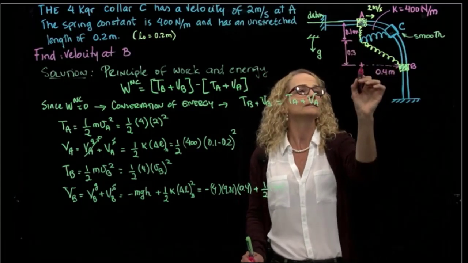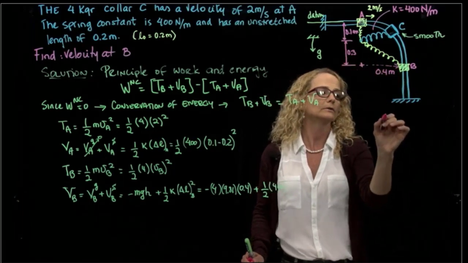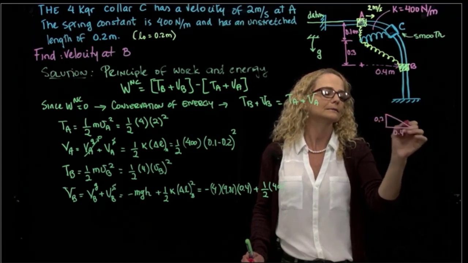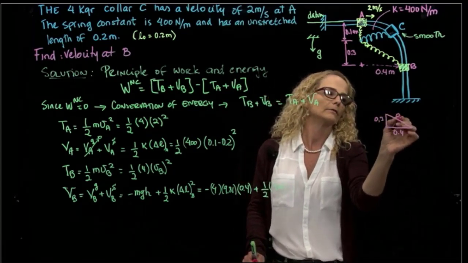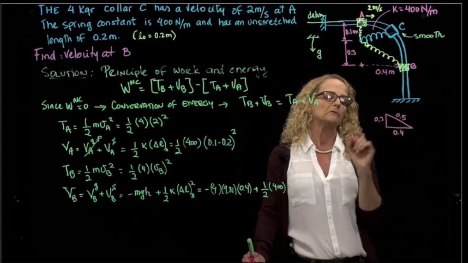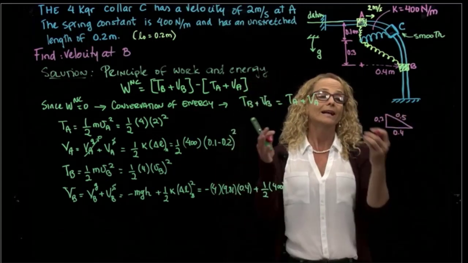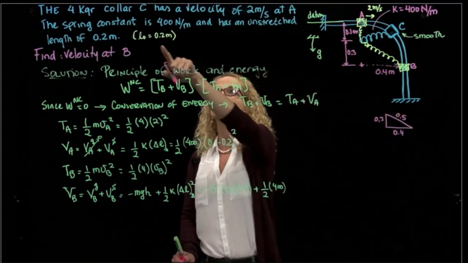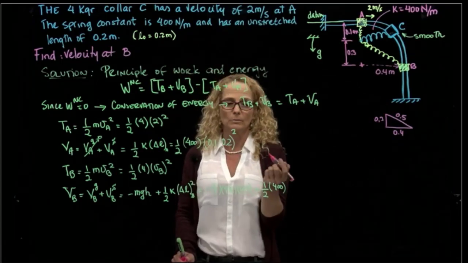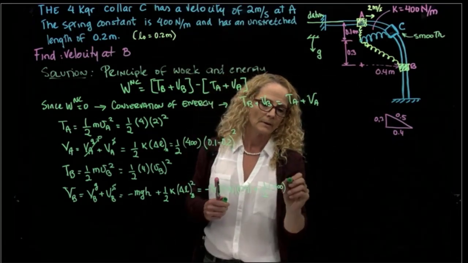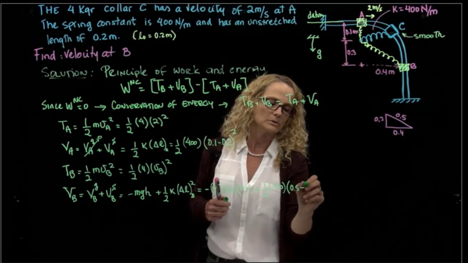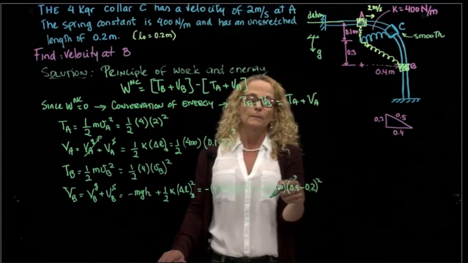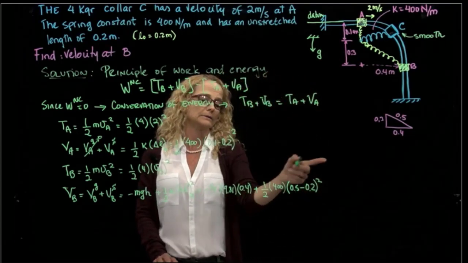So if this is 0.4 and this is 0.3, we have a triangle, and this distance you can calculate is 0.5. This is a 3-4-5 triangle. So the stretched length of the spring is 0.5, but we have to subtract the unstretched length, which is 0.2. So we write 0.5 minus 0.2, squared. That gives us a positive value, but it's squared, so it doesn't matter.